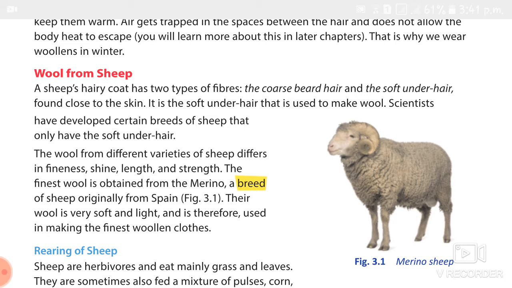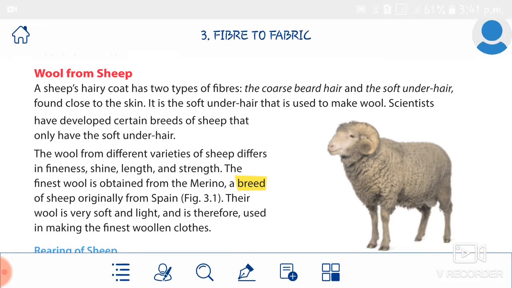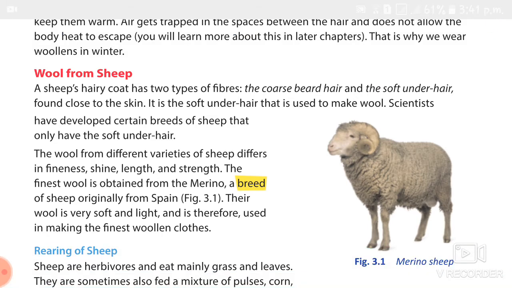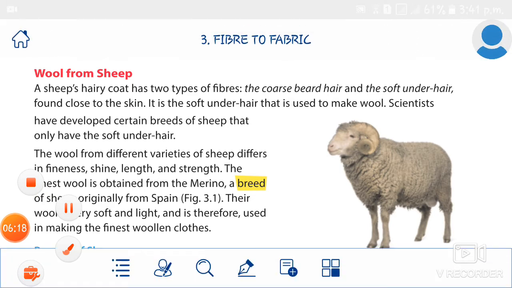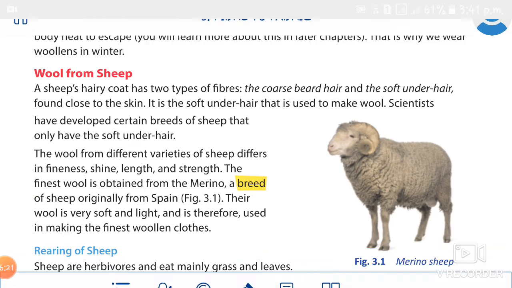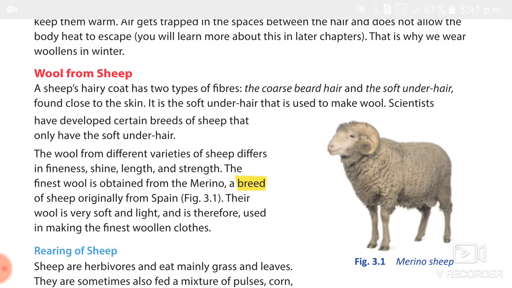Next, let's study the characteristics of wool. Some woolen fibers are rough, while others are extremely soft.